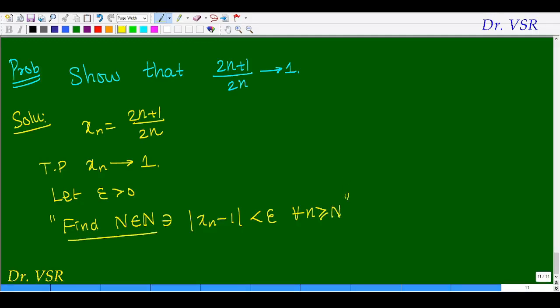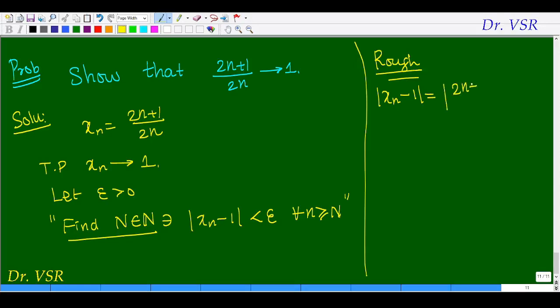So we'll go for a rough calculation. Modulus of xn minus 1 is equal to modulus of 2n plus 1 by 2n minus 1, which is modulus of 2n plus 1 minus 2n divided by 2n.